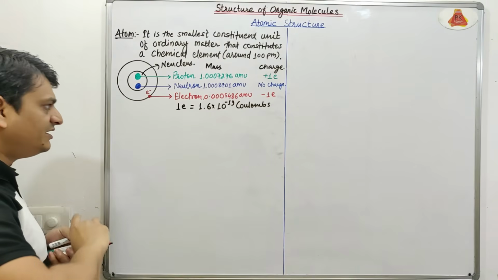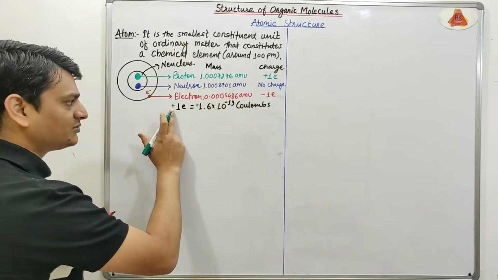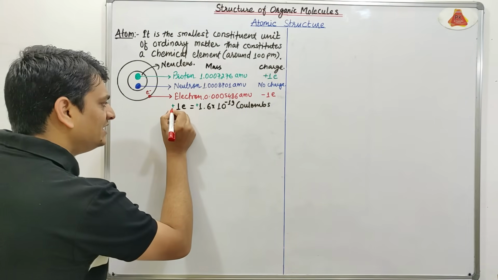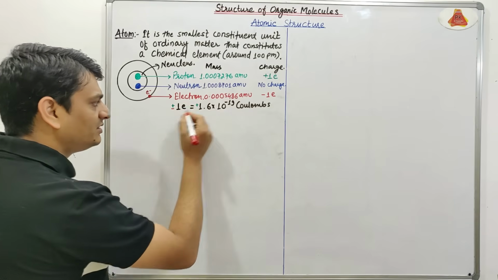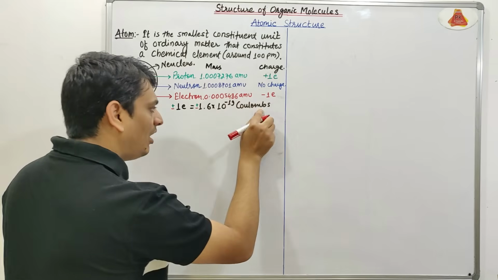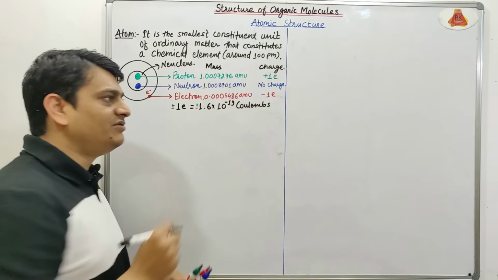So if the elementary charge is present in plus form, it is the charge for the proton, and if it is present in minus form for the electron, then it will be -1.6 into 10 to the power -19 coulombs.